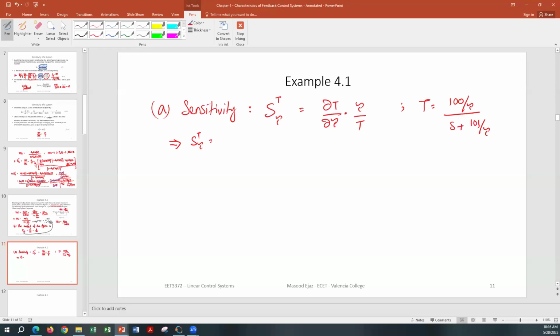So rate of change of the transfer function with respect to the changes in tau. Again, we're going to use the u over v rule.